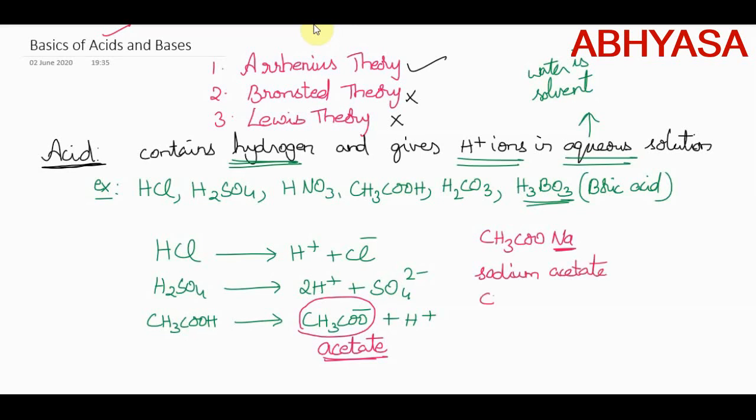And another very common example, CH3COOC2H5. As C2H5 is the ethyl group, we call this one ethyl acetate. So wherever we get CH3COO minus, that is nothing but acetate.